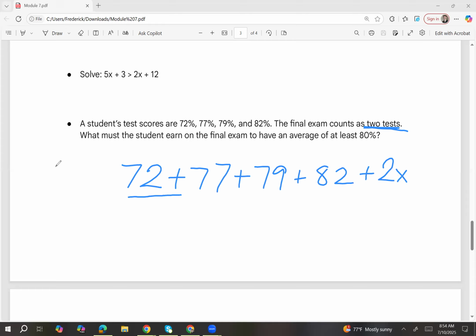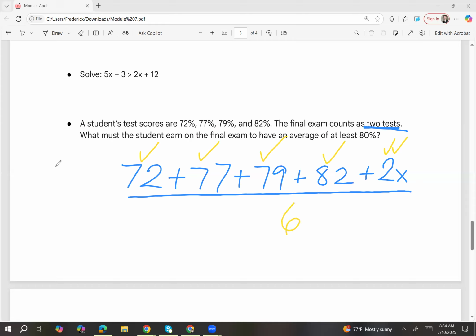And the idea of average, you need to divide by the number of them, right? And so we've got 1, 2, 3, 4, 5, 6 tests total. So we divide by 6 to get the average of all those scores. And then that we want at least 80%.